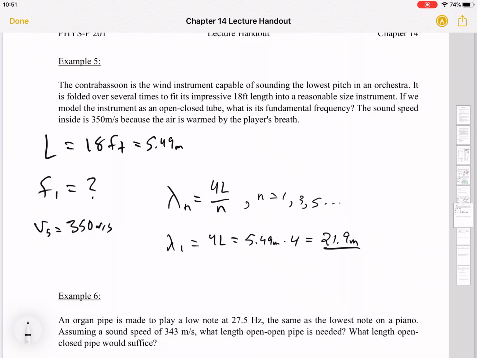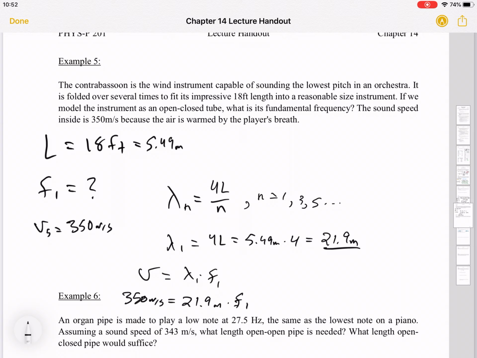That's the wavelength. And then frequency, remember V equals lambda F. And in this case, we're going to do lambda 1 F1. Again, I can't mix indices. It's got to be 1s or 2s or 3s. In this case, it would be 1s or 3s or 5s. Okay, so plugging into that, it's 350 meters per second equals 21.9 meters times F1.